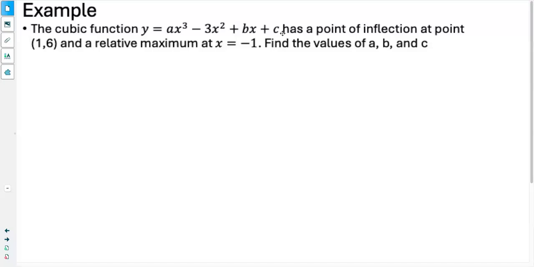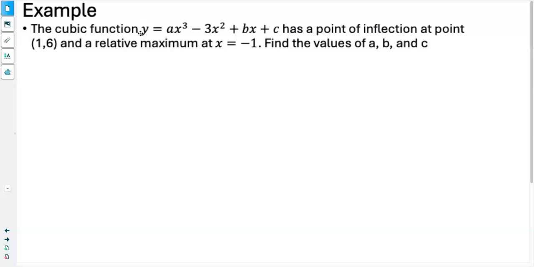After that, we'll take our first derivative of this function. And then because we know where we have a relative maximum, we know where our first derivative should equal 0, and that will also give us an equation that involves our other variables. And then we'll take our second derivative and use it at our point of inflection to solve for more.